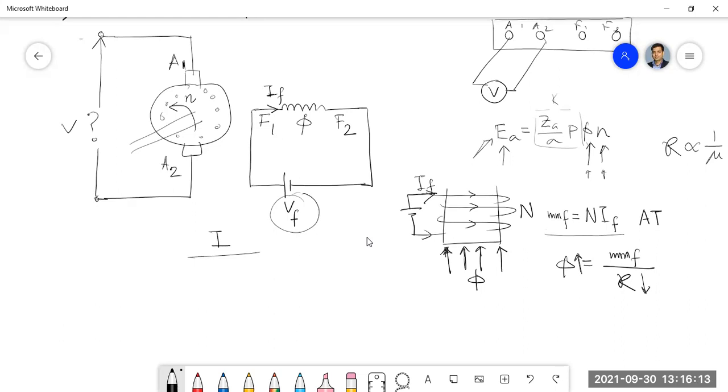This type of field excitation is called separate field excitation, and the DC machine is called a separately excited DC machine.